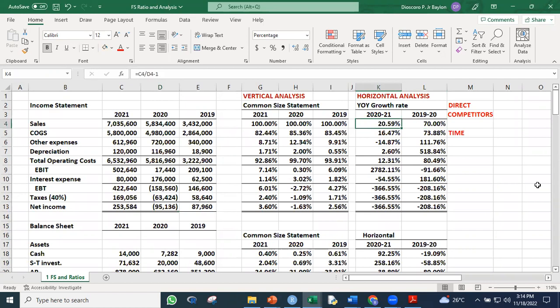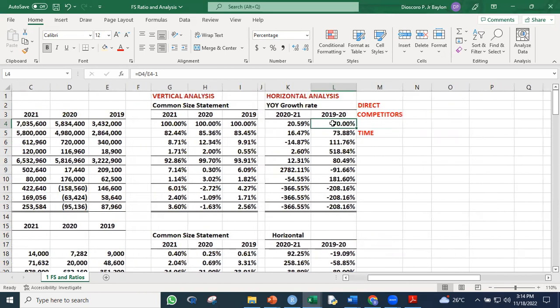Okay, we cannot say that it performed well. No? We can only say that sales increased by 70%. But as to assessing the quality of the performance of the company, we do not do it in isolation. Just because sales increased by 70% does not mean the company performed well. Okay? Because if we take a look at total operating costs, it increased by 80.49%. So mas malaki pa yung increase ng cost kaysa increase ng sales, di ba? 70% to, ito 80.49. Okay.